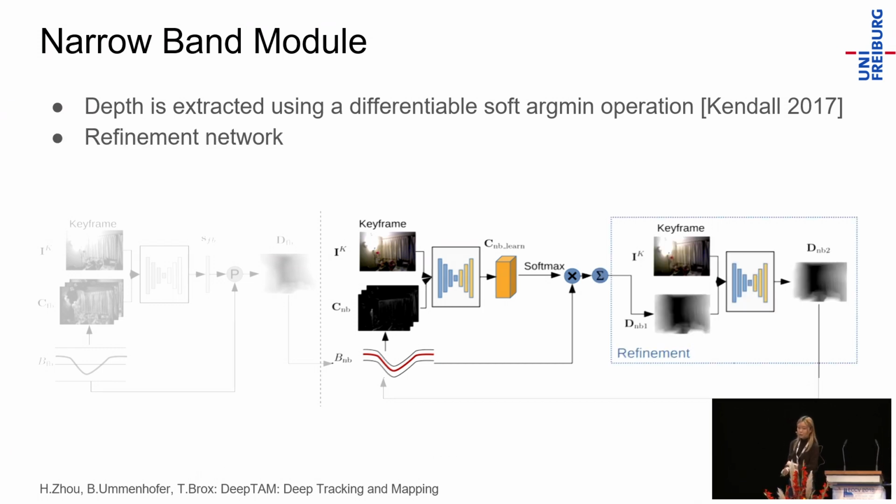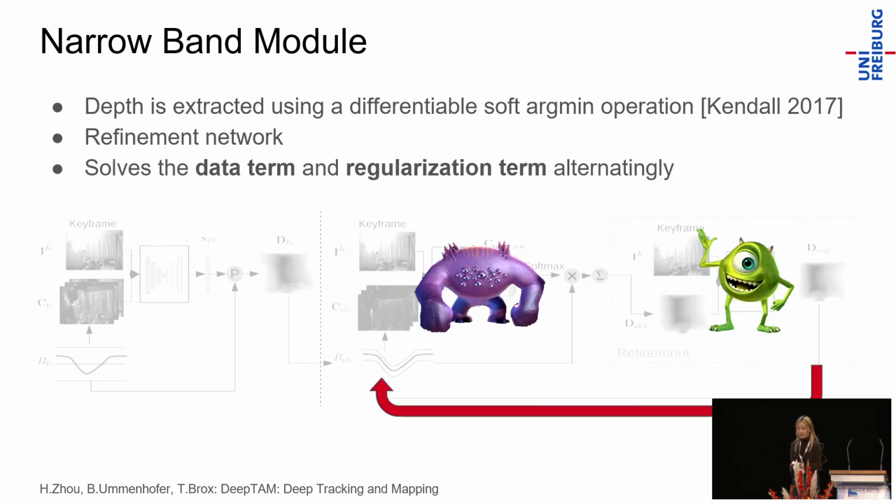The second component of the narrow band is that we append a refinement network after it, which explicitly adds regularization to the depth map using only single image priors. These two together can be seen as solving the data term and the regularization term alternatingly.